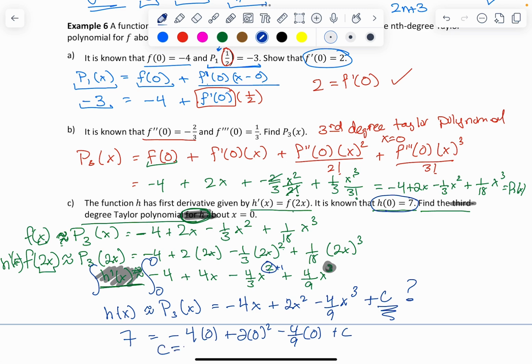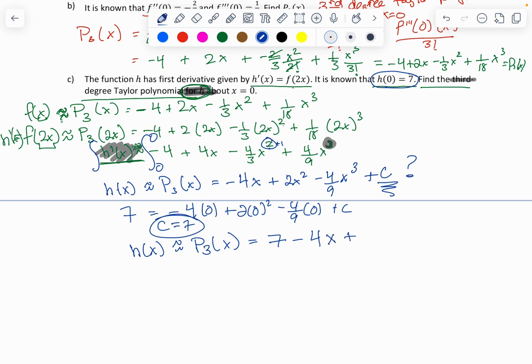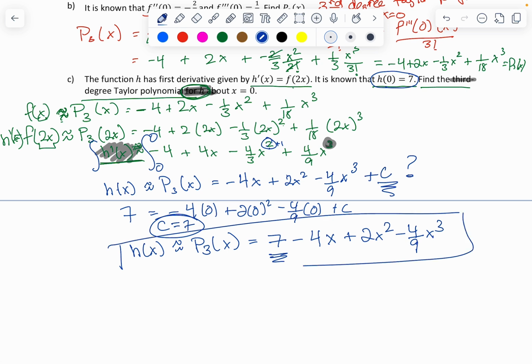So in this case, c is equal to 7. And now that I have my c, I know that h of x is approximated with p3 of x at 7 minus 4x plus 2x squared minus 4/9 x cubed. Remember, the coefficient has to be first. And that's it.